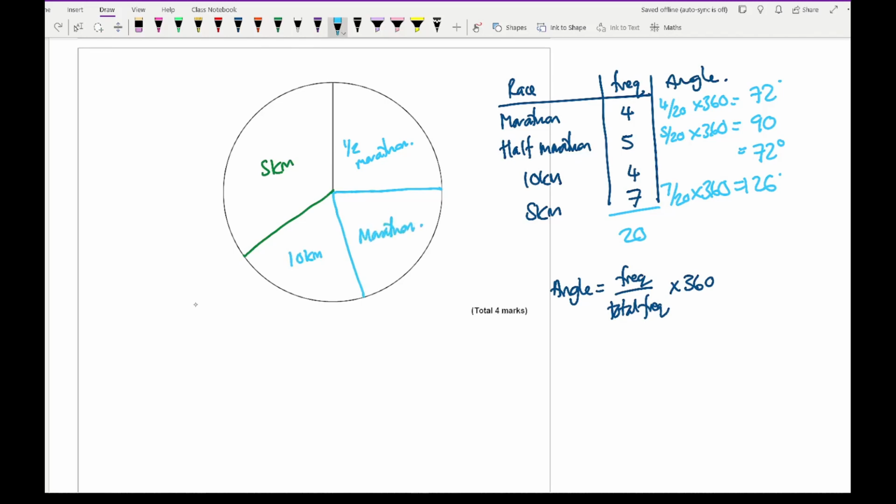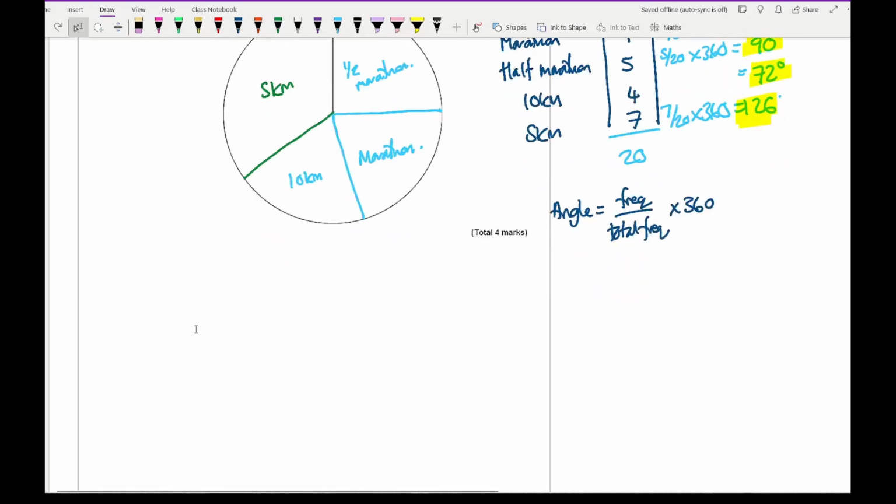So something along those lines, but again, make sure that you are measuring the correct angles. And there we go for that particular question.